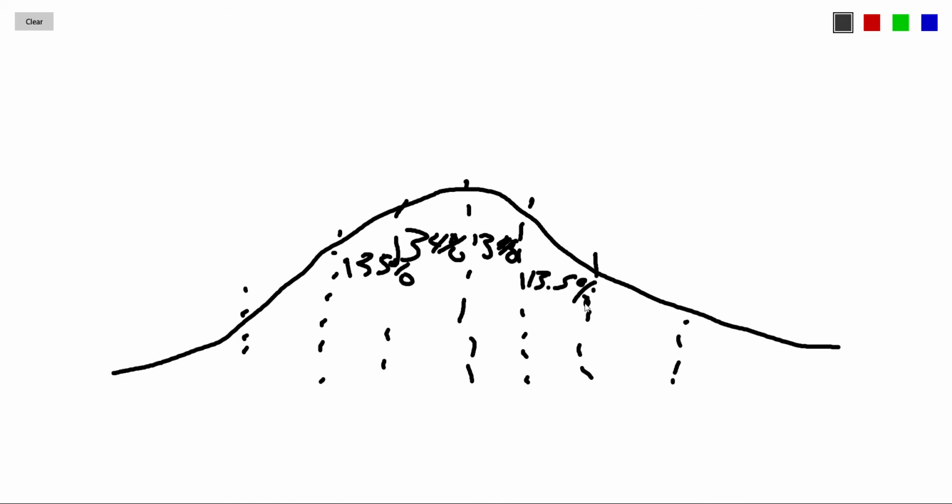Again, you have this paper in front of you. So 2%, 2%, 0.5%.